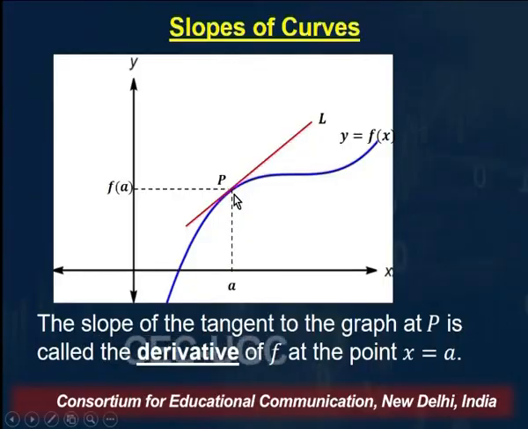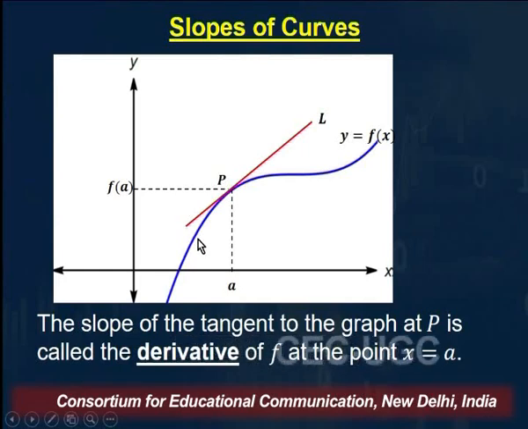And what we are now going to do is, once we equate the slope of the curve at the point P to the slope of the tangent, we're going to conceptualize this as the derivative of the function at the point P, or at the point x equal to a. Okay, so the slope of the tangent to the graph at P, that is what we will call the derivative of the function at the point x equal to a.